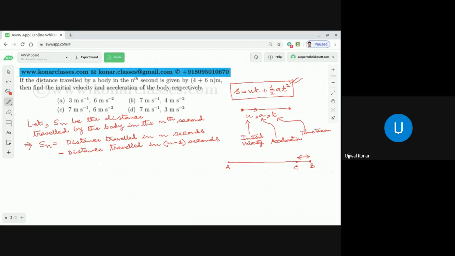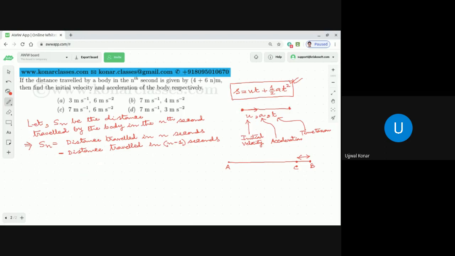Then CB is covered in when? At what time frame? CB is the distance covered between the end of n minus 1 seconds and the end of the nth second. Correct or not? That is in the nth second. Suppose I want to know how much distance I traveled in the fifth second.